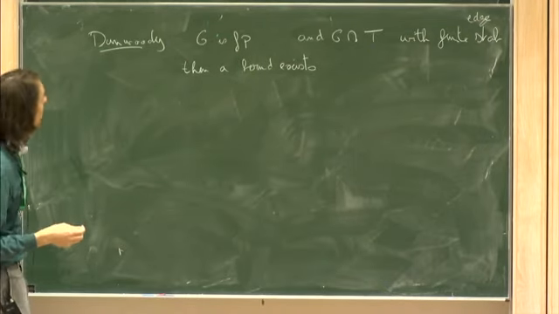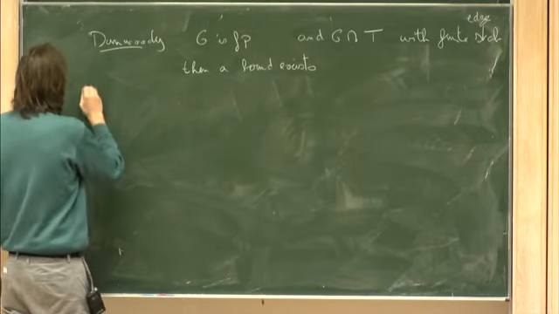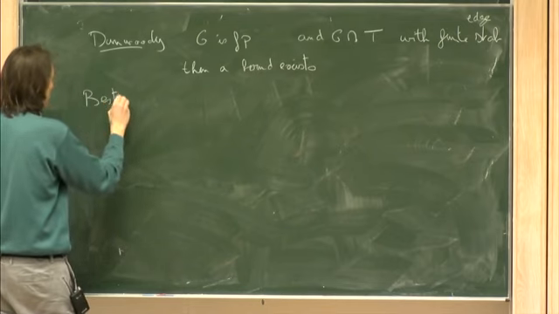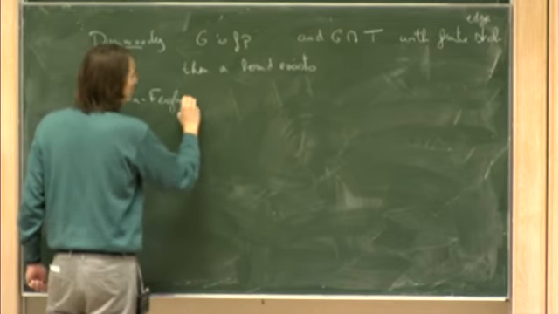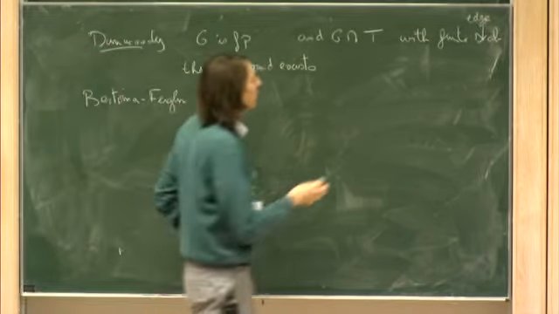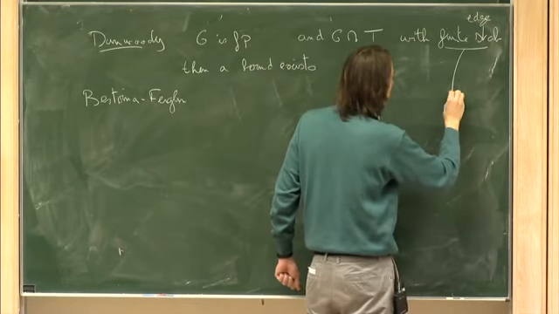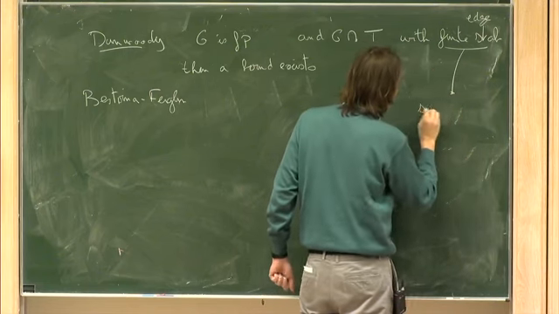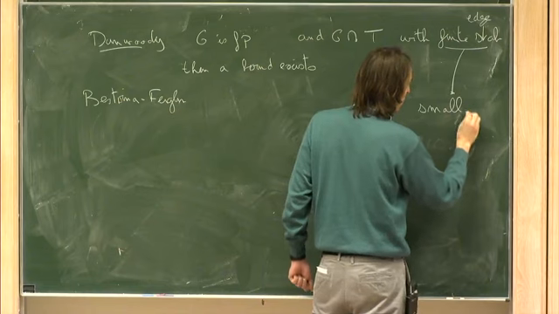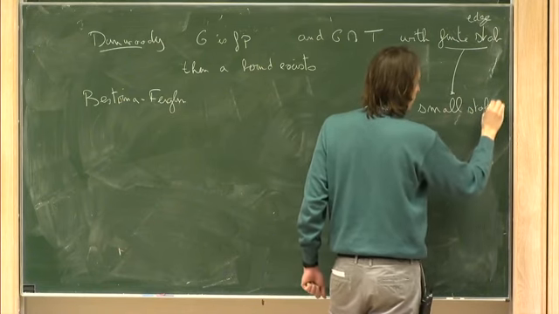And more generally, Bestvina and Feighn proved that it's still the case when we replace finite stabilizers by small stabilizers.